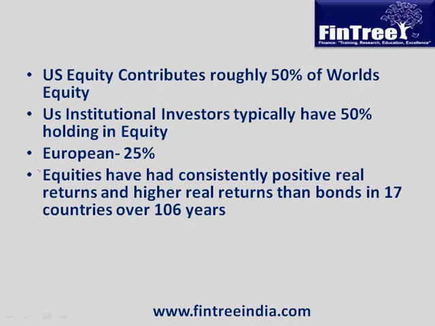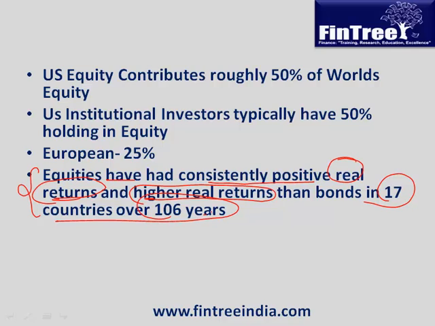This is important. Equities have had consistently positive real returns. What does the word real mean? After beating the inflation, and higher real returns, positive and higher real returns in 17 countries over 106 years.